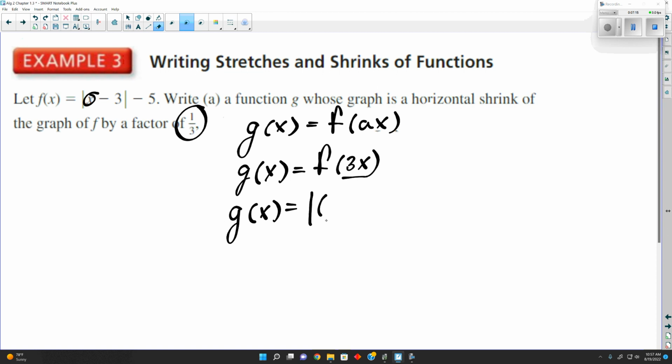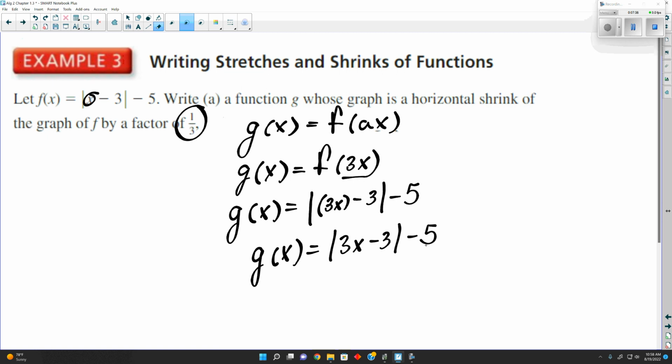So we'd have the absolute value of 3x minus 3, and we have minus 5. And again, at this point, we can drop the parentheses, telling us that g of x is equal to the absolute value of 3x minus 3 minus 5. That's it. Yeah, that's the answer.